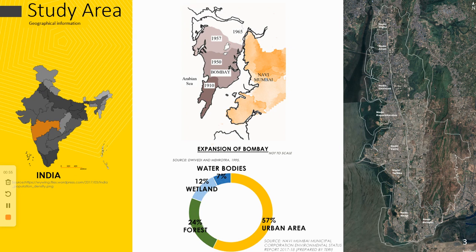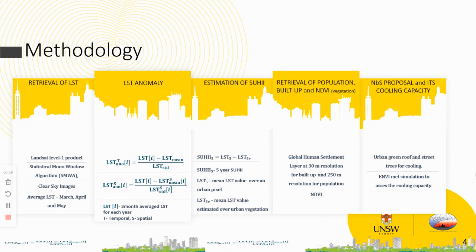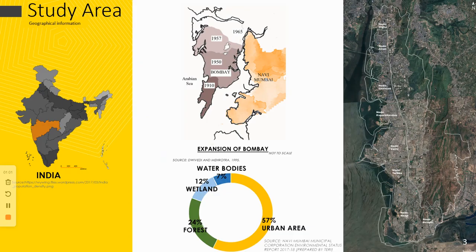And that's how the very concept of Navi Mumbai came into existence. The city was built parallel to Mumbai and connected by a very long bridge, and there's a creek that divides the two cities.